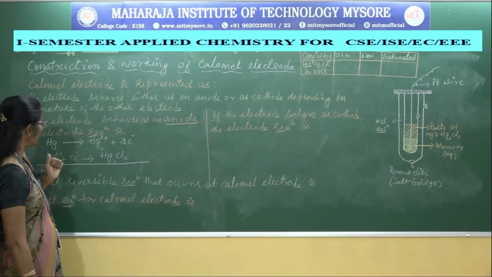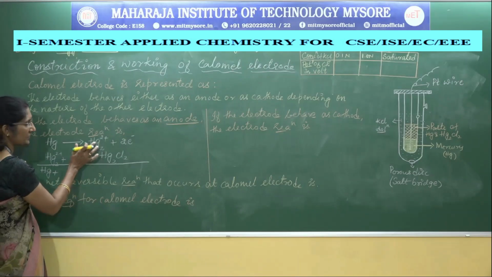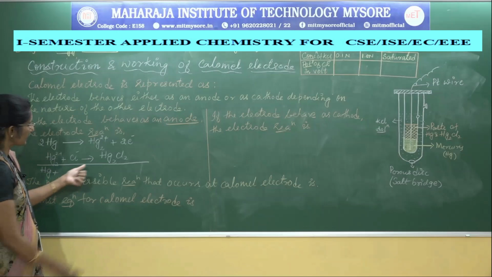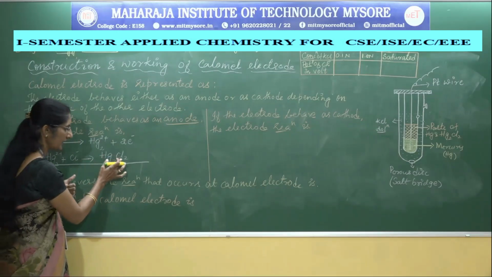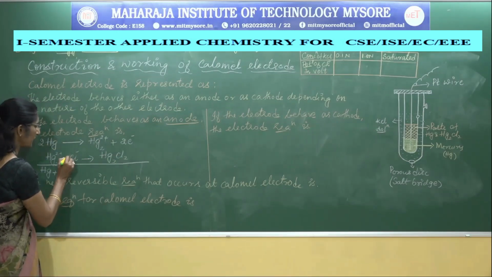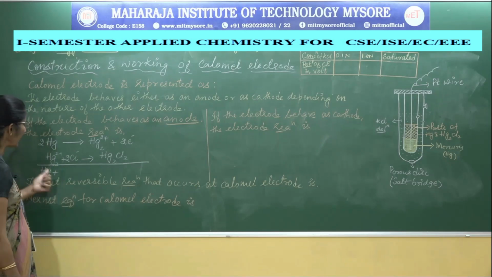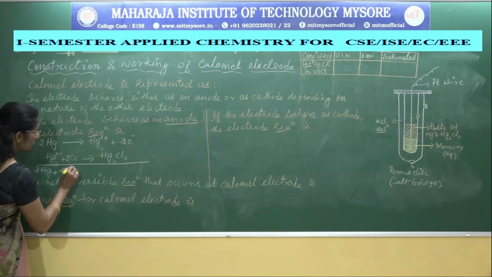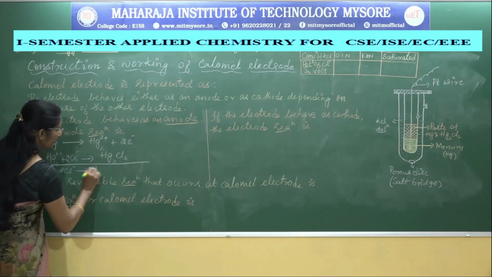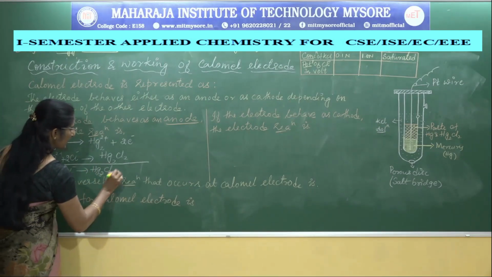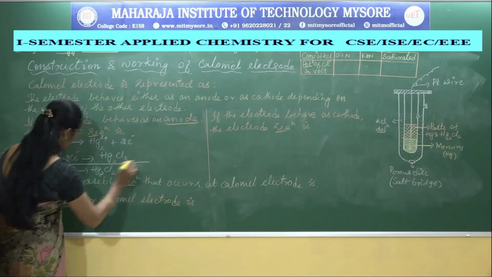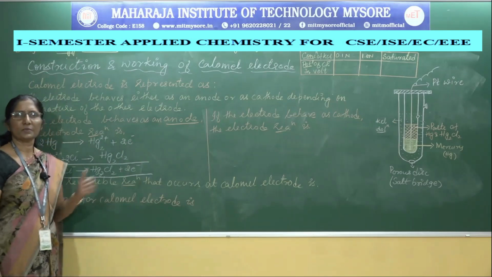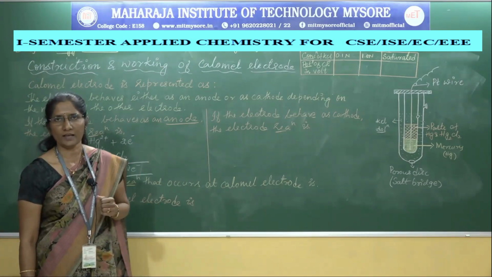Balance the first equation: here Hg is 2, so we write 2 here. Next, in the second equation chloride is 2, so we write 2 here. Then add these two equations, we get 2Hg plus 2Cl minus gives Hg2Cl2 plus 2 electrons. This is the net reaction that takes place when this electrode acts as an anode.